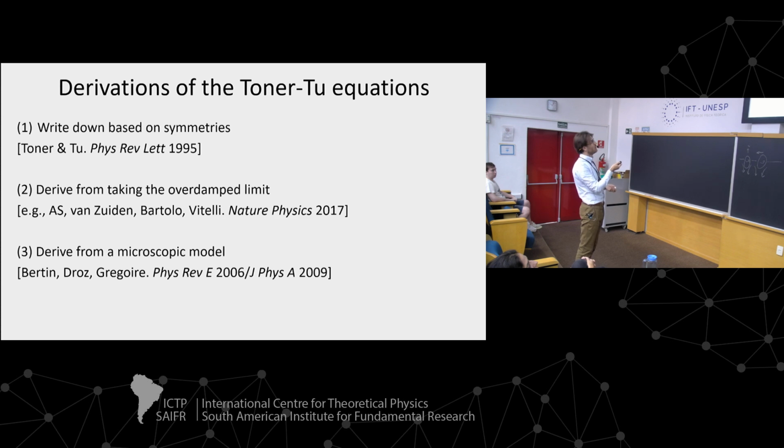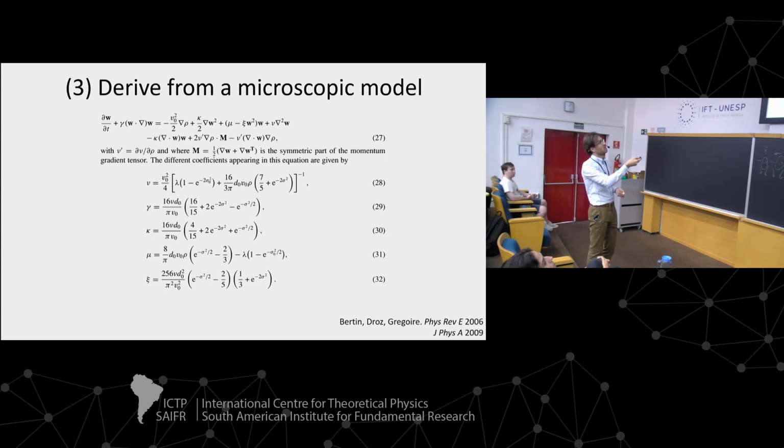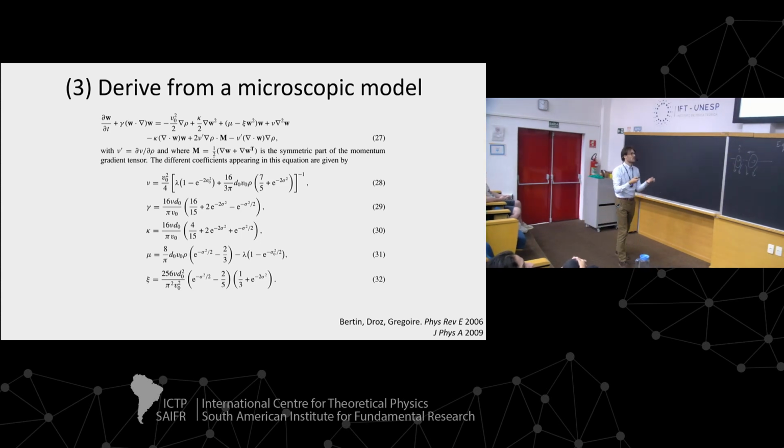So this approach is very impressive, but also very difficult. If you take a particular model that is amenable to coarse graining, a particularly simple model of particle interactions, you can derive a version of these Toner-Tu equations.